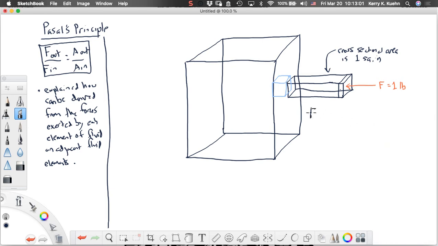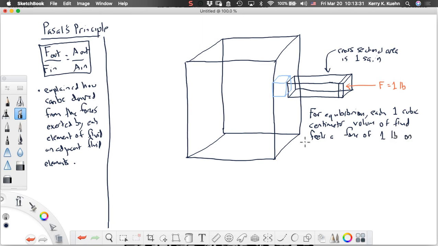So for equilibrium, that is, if none of the fluid in this chamber is moving, each 1 cubic centimeter volume of fluid feels a force of 1 pound on each of its 1 square inch sides.